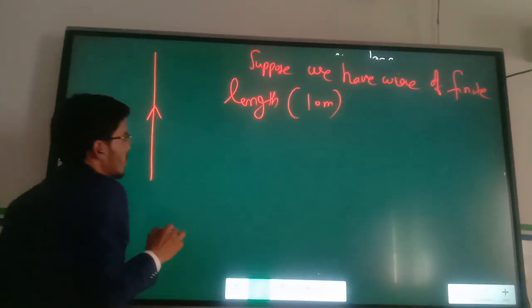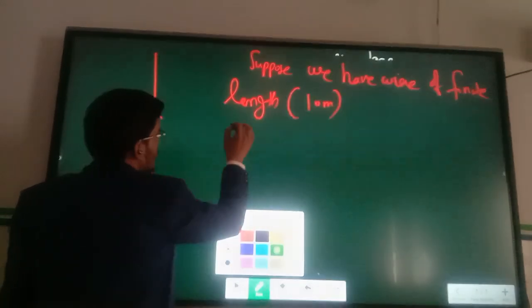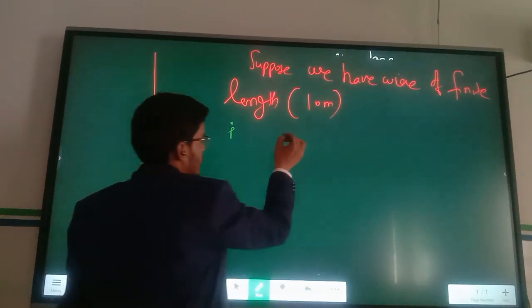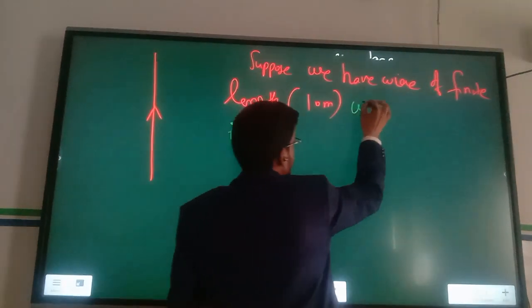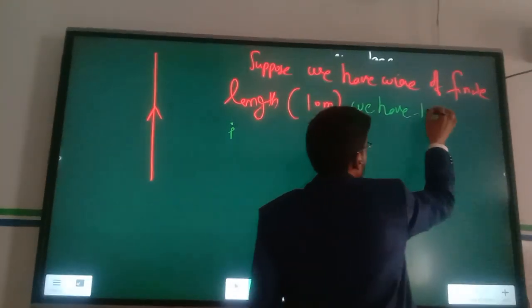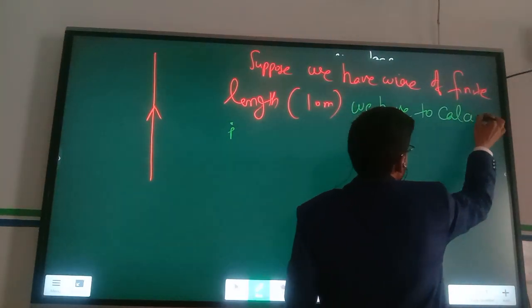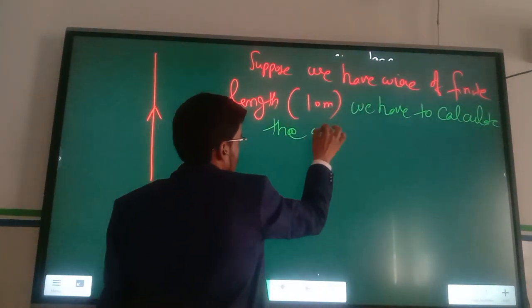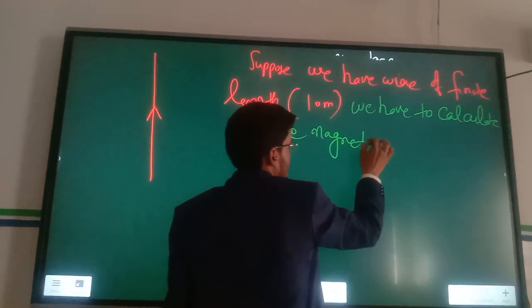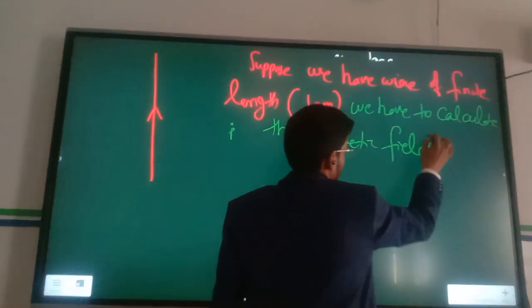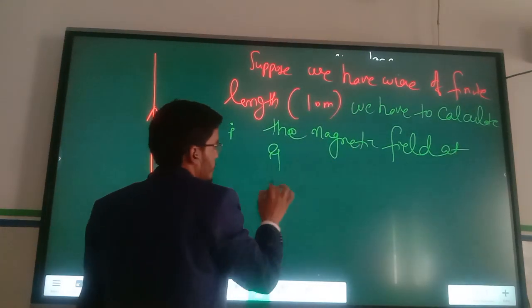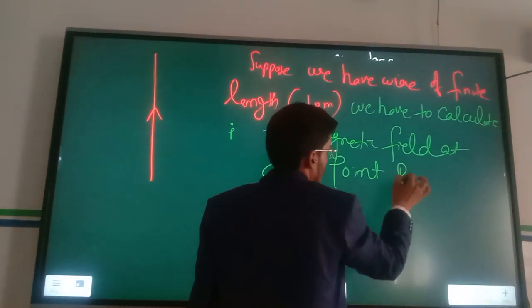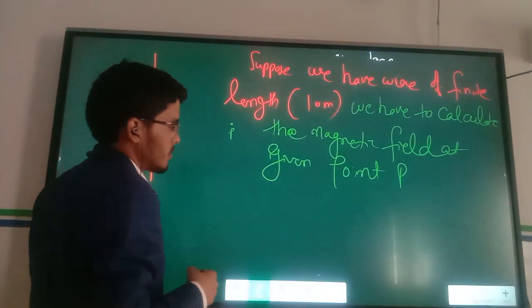Suppose this point is P, and we have to calculate the magnetic field at the given point P. So what is the procedure?